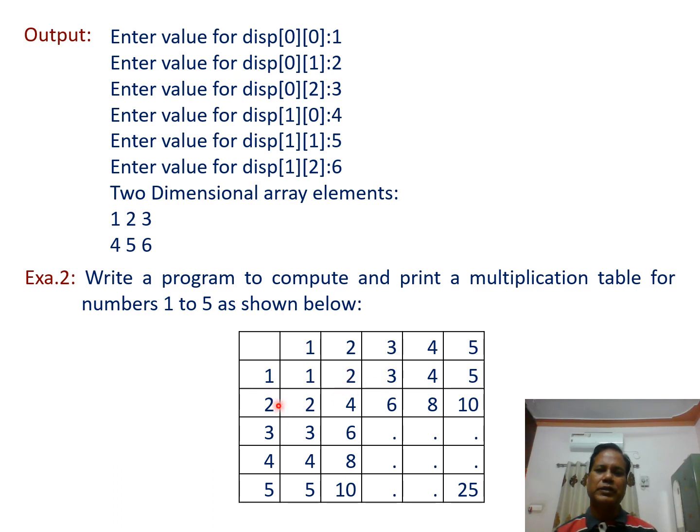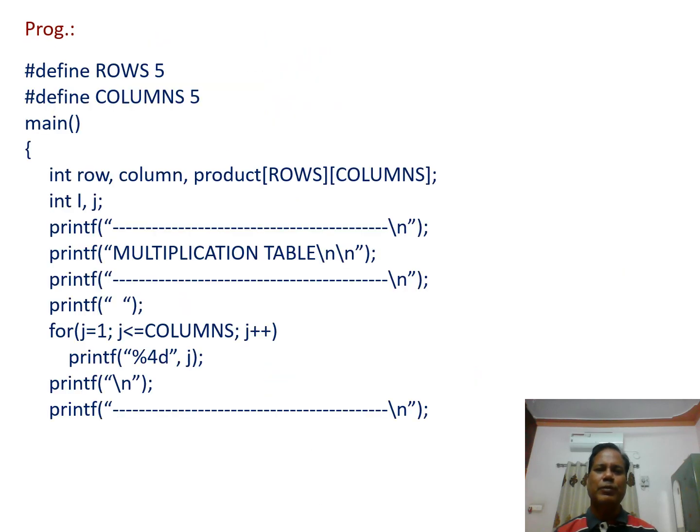If we take the second row, first column, 2 into 1 is 2, then second row second column, 2 into 2 is 4, second row fifth column, 2 into 5 is 10, and the last value, fifth row and fifth column, 5 into 5 is 25. So using this logic we can easily write a C program and print these values. The example program is written like this.